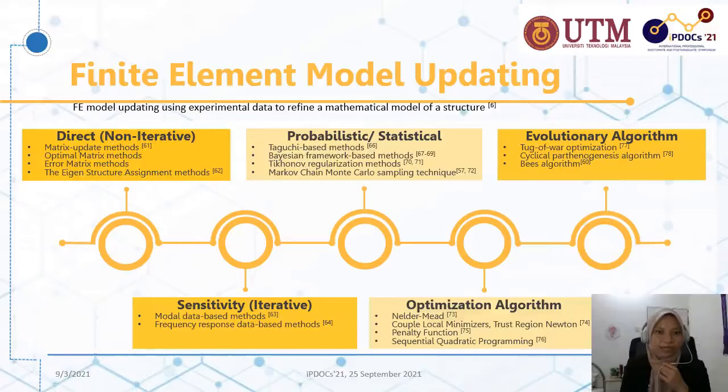Examples of optimization algorithms are Nelder-Mead, coupled local minimizer, trust region Newton, penalty function, and sequential quadratic programming. The evolutionary algorithm is a computational intelligence technique used to solve complex optimization problems. Tug-of-war optimization and Bat algorithm are examples for evolutionary algorithm methods.